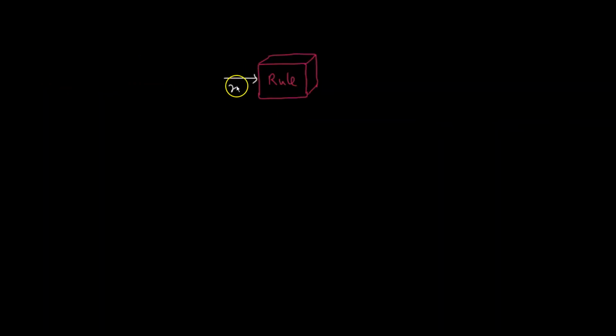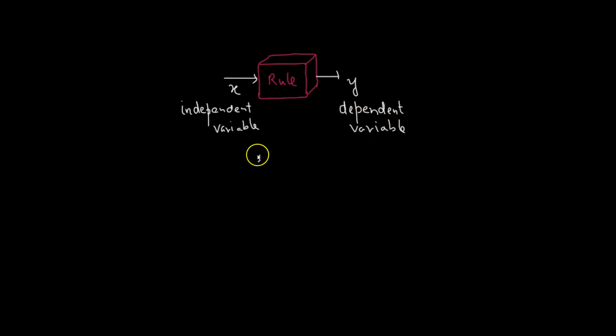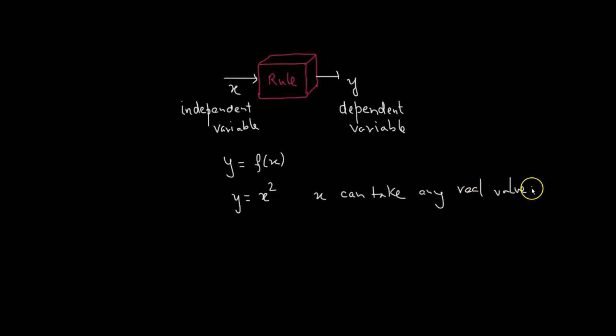The input x is usually the independent variable, whereas the output that we obtain is the dependent variable. That is because we have defined a function as f of x, which is y. So we can say y is a function of x. That means y is dependent on the values of x. Like in our previous example, we have considered y is equal to x squared. So x can take any real values.